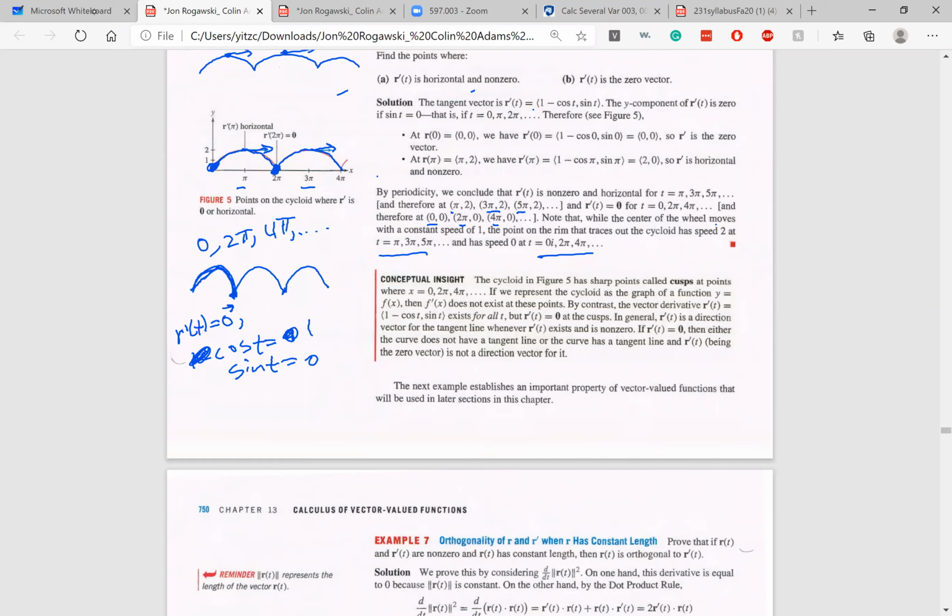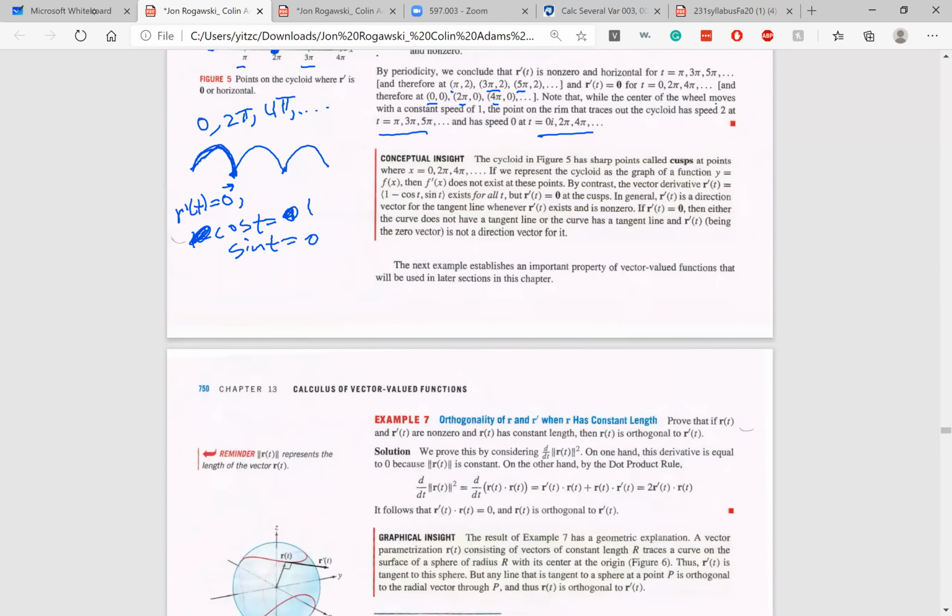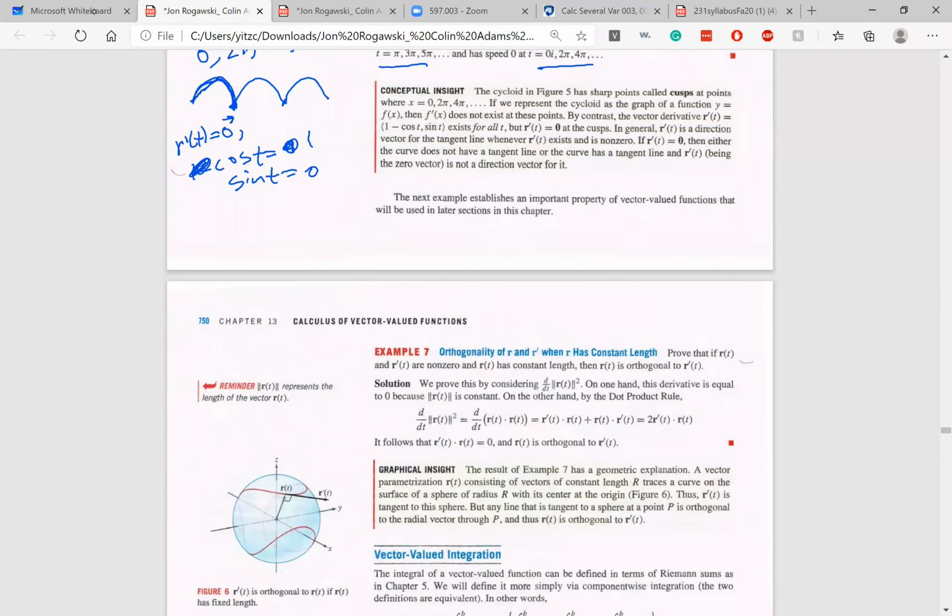And the derivative at those cusps is equal to 0. And that's just because when you're going through the curve at that point, you're slowing down and you stop. So your derivative is 0. Any questions about that? Yeah, is this clear?